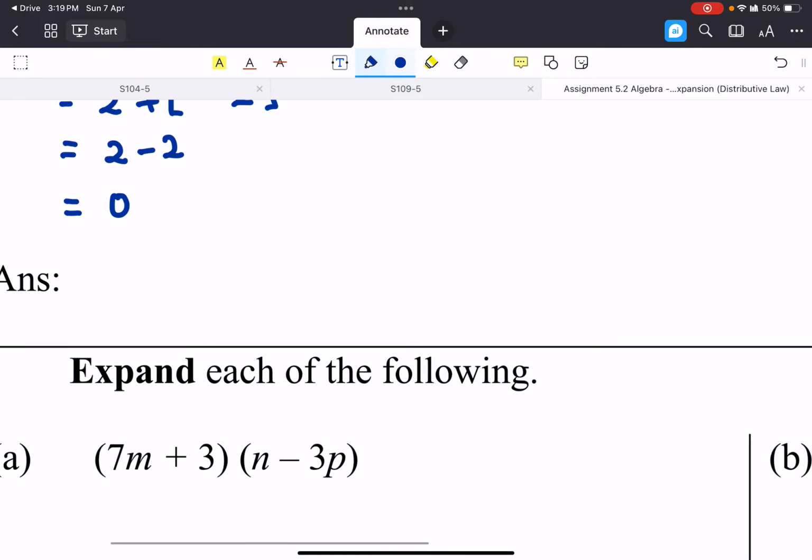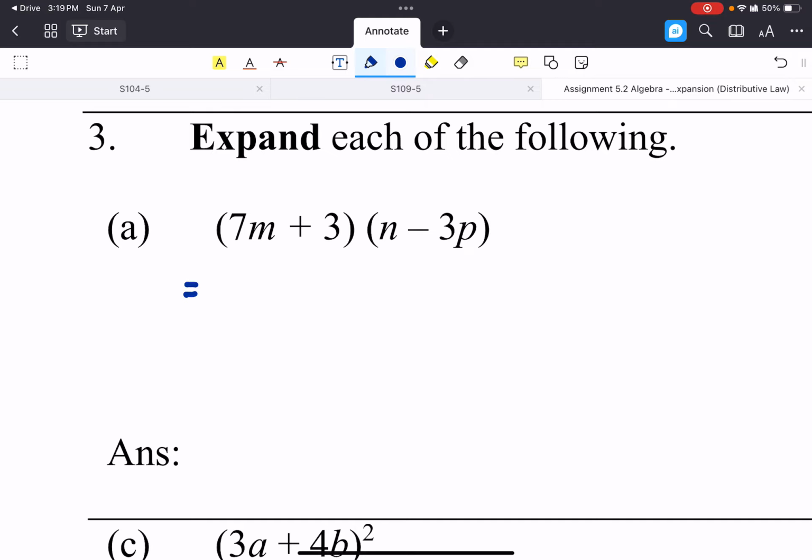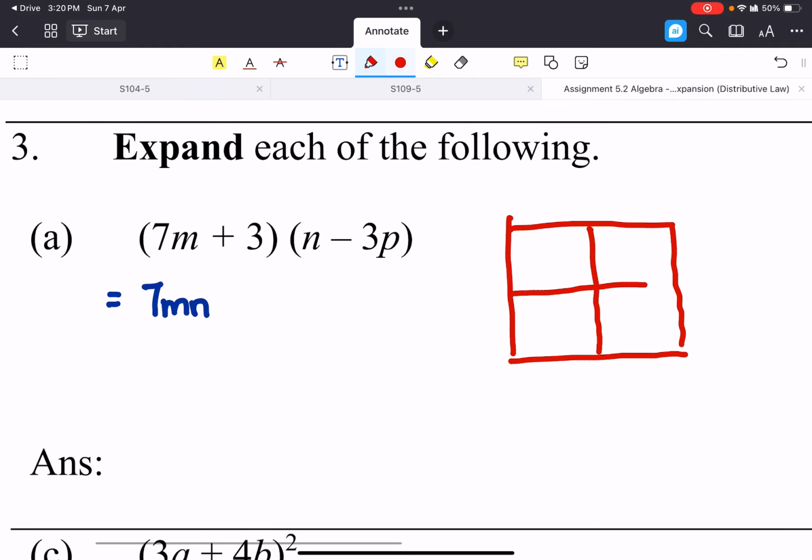Okay, next example. We have this one, expansion. So expansion, what do we do here? Okay, so we have 7m multiplied by n, right? We have 7mn. Okay, now if you have difficulty figuring out how this works, let's just show you very quickly. You can use a window like this to help us, right? So we have 7m plus 3, and we have n minus 3p, right?